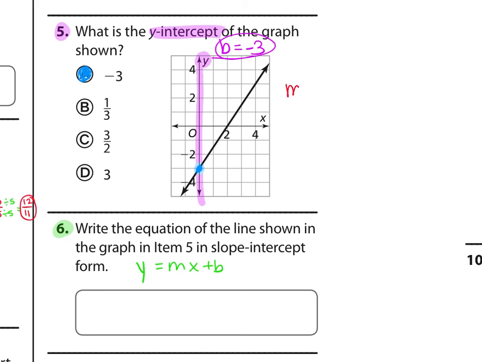So let's get the slope. m is rise over run. And so I've got a couple points here. I'm going to rise 3, and then we're going to run to the right. So the slope is 3/2. So y equals 3/2 x minus 3.